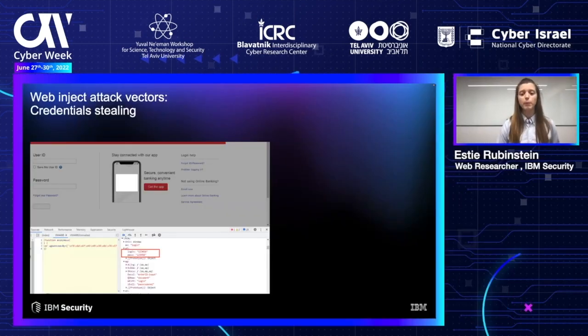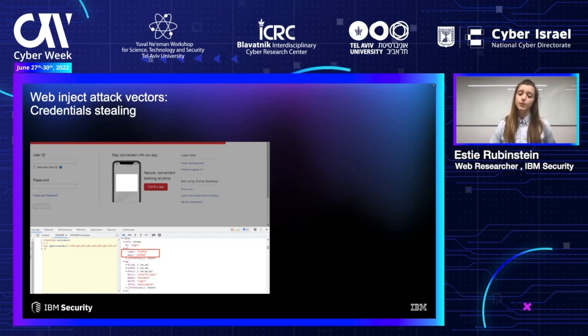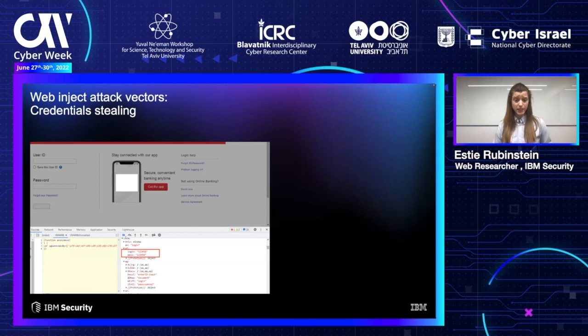One of the most popular vectors in web inject attacks is credential stealing. Once a credential theft has been successful, the attacker will have the same account privileges as the victim, which is really bad. In the screenshot, we can find in the dev tools a malicious code that's stealing the credentials from the victim.